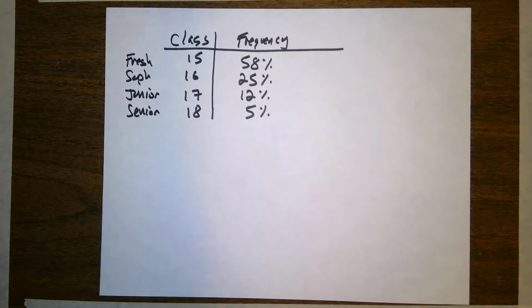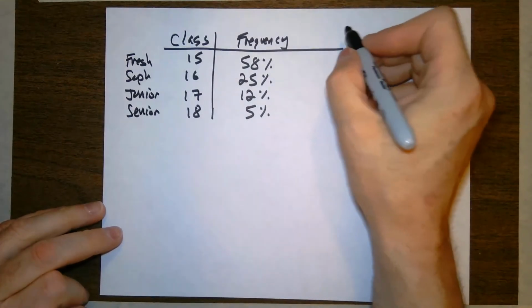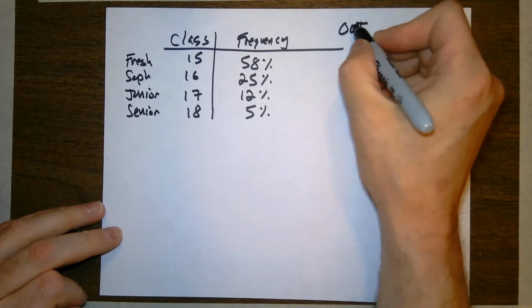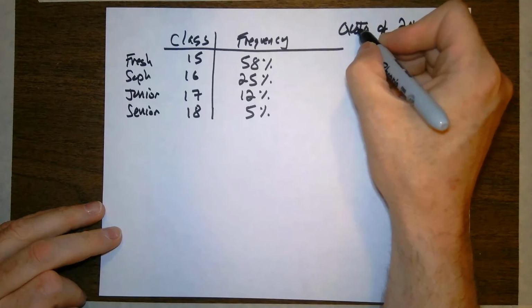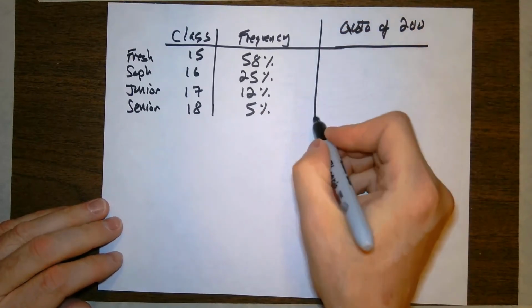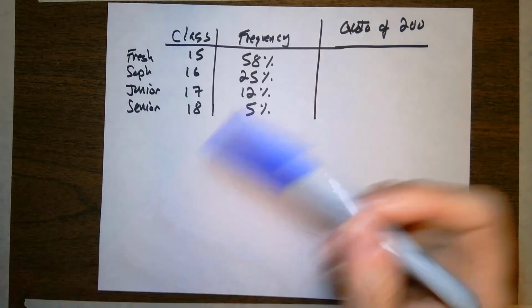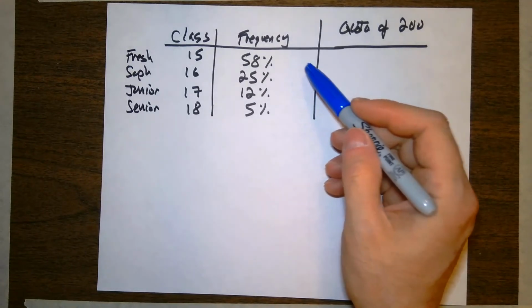So if I set a quota of 200 people, then according to my frequencies here, I want to make sure that I've got the quota.